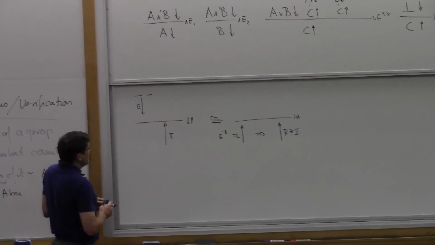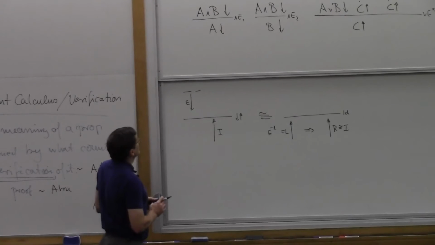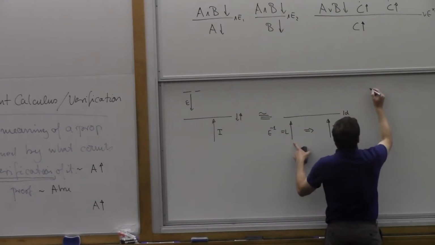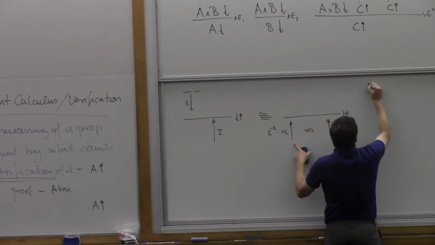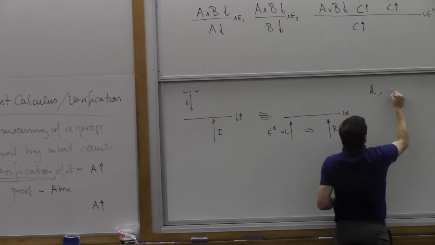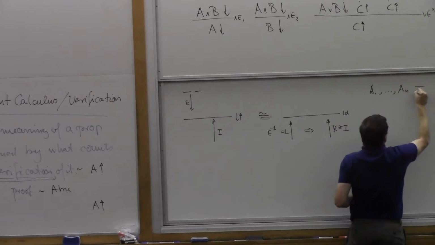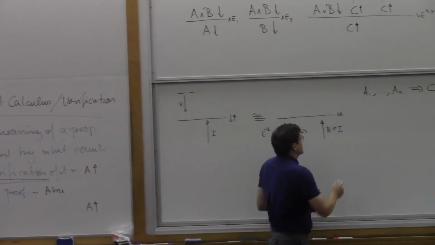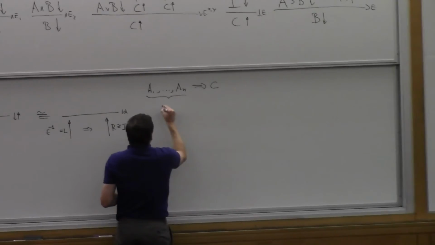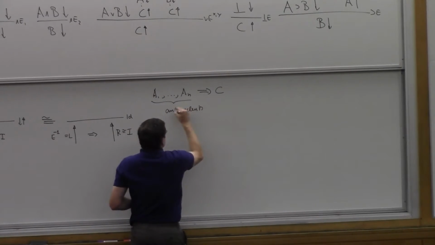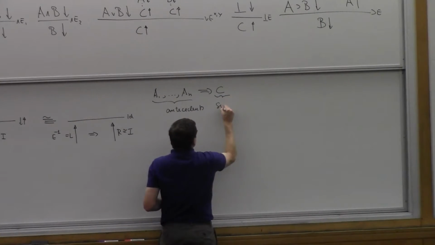All right, so the easy ones are the so-called right rules. So at any point in time, I have some propositions on the left of the arrow and one proposition on the right. The ones on the left are usually called the antecedents, and the one on the right is called the succedent.